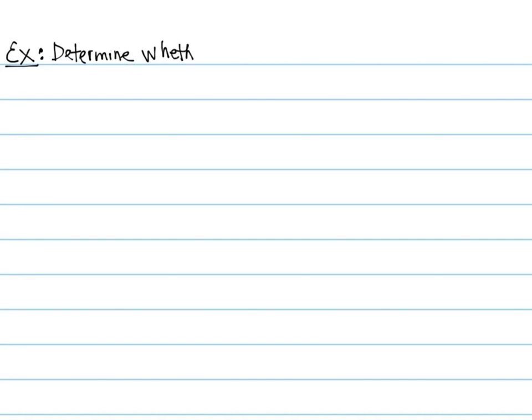Determine whether the sequence, notice sine would be a bounded function, but it wouldn't be monotonic. Those are two separate descriptions. Determine whether the sequence is monotonic and/or bounded, and we're going to confirm with the calculator.